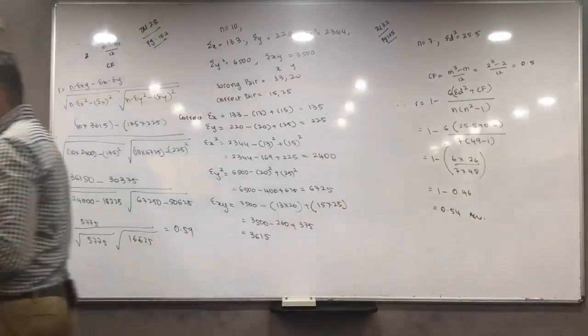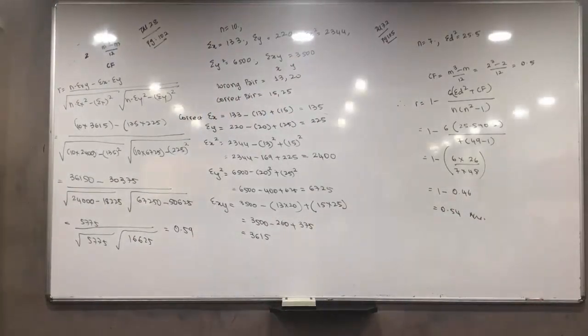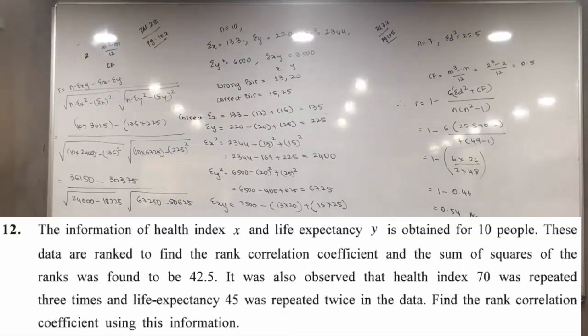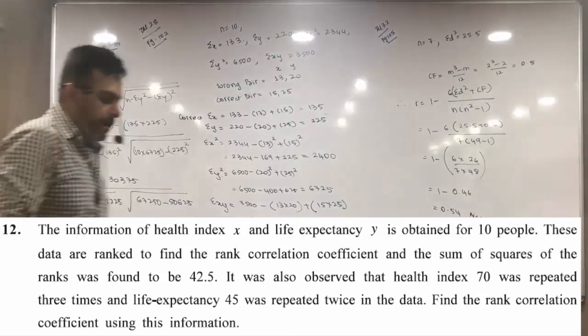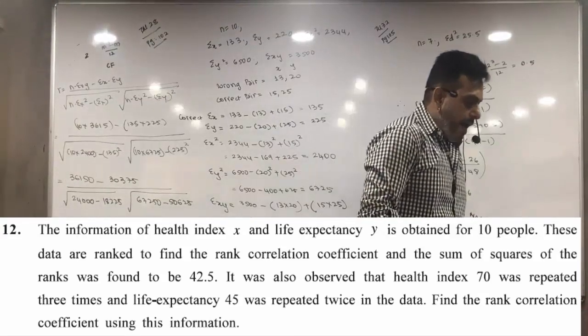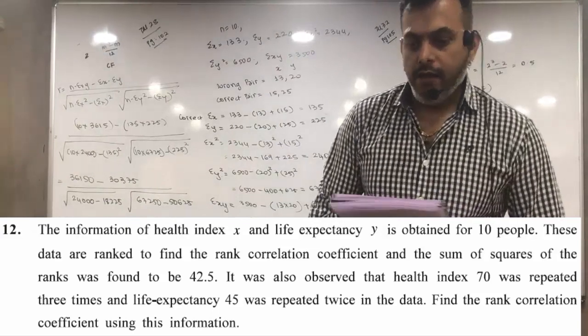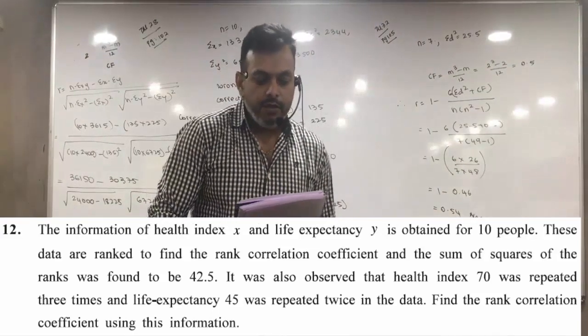Now come to page number 115, question number 12. Now there is a printing mistake over here. The information of health index X and life expectancy Y is obtained for 10 people.